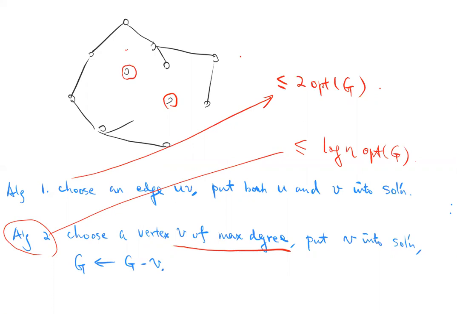So in the worst case, even in algorithm 1, if the minimum size is k, you always get at most 2k vertices, but sometimes you can be lucky. For algorithm 2, if you're lucky, you may only use 3 vertices, but if you're not lucky, you can get log n times k.